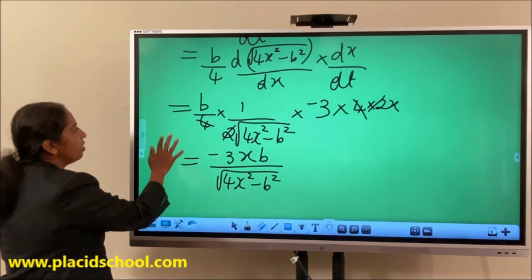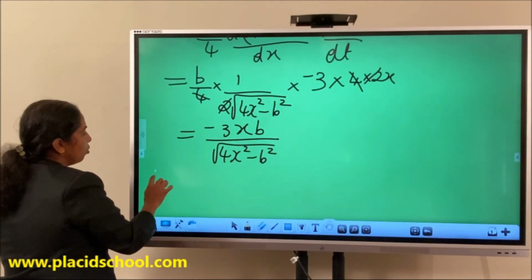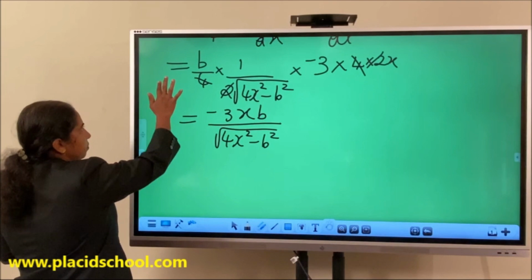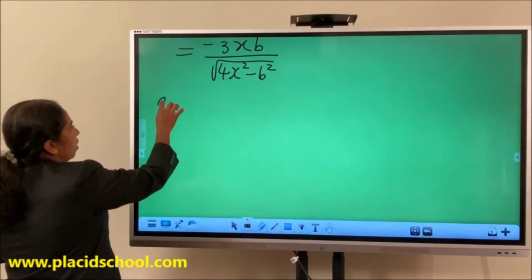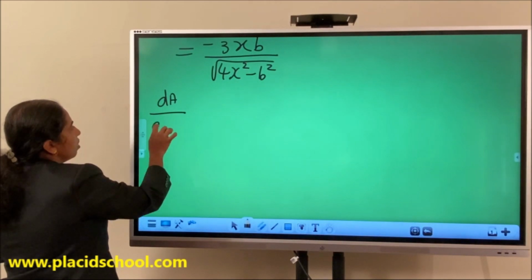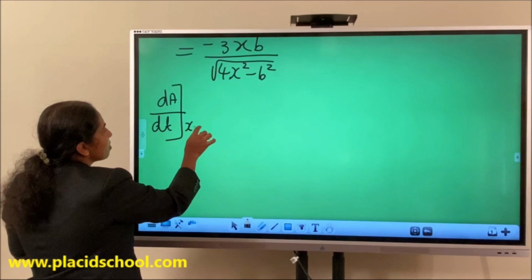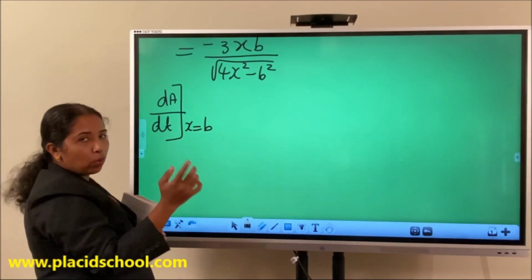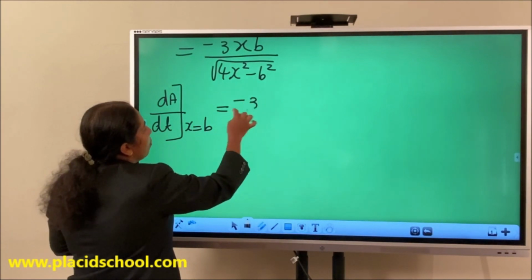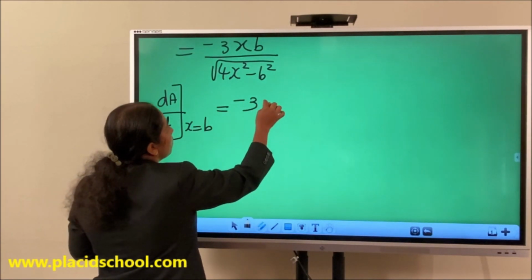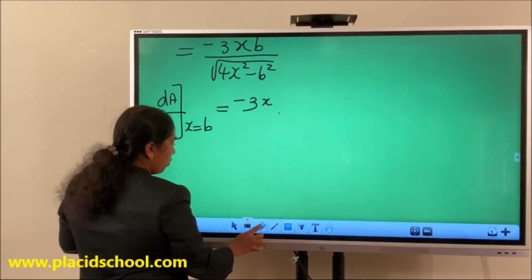Now we need to find rate of change of area with respect to time when x is equal to b, when the two equal sides are equal to the base. This is equal to minus 3x into b by root of 4x square minus b square.